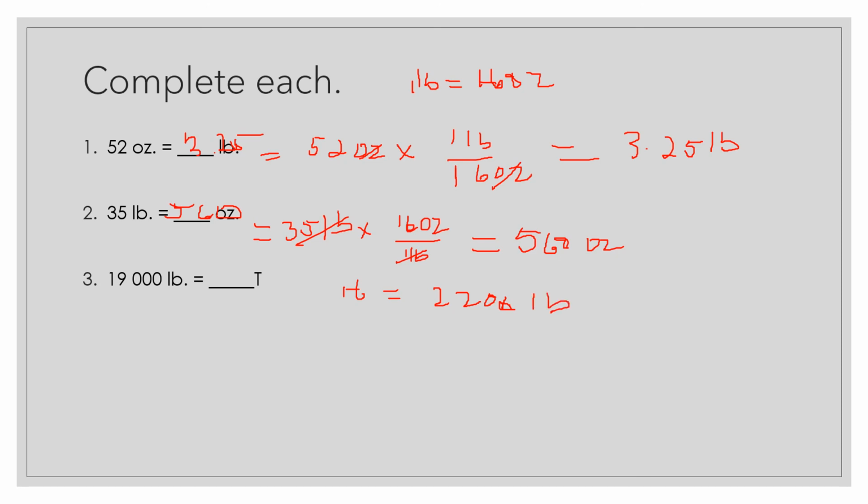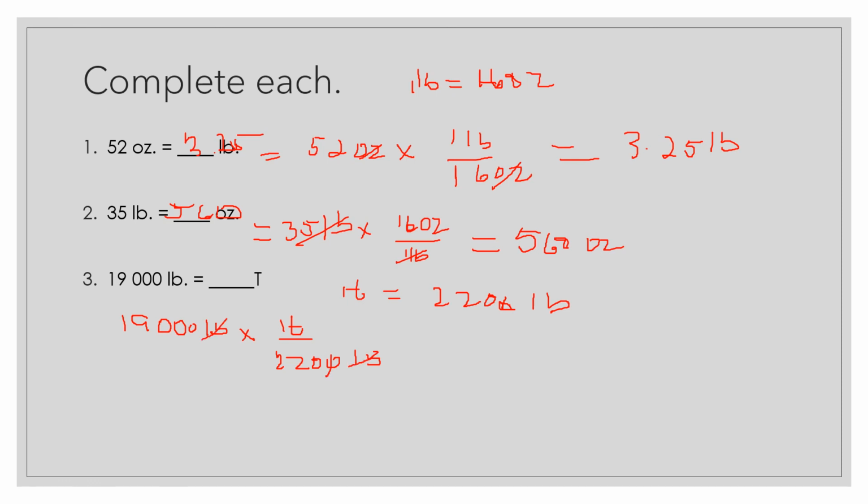Okay, so if we have this, 19,000 pounds times 1 T or 1 ton over 2,200 pounds. Cancel natin yung pounds.